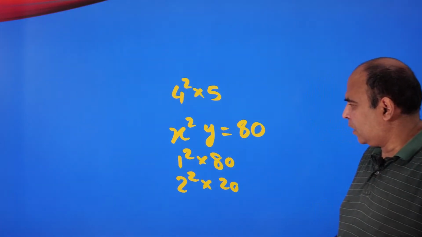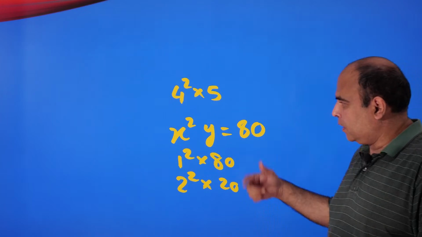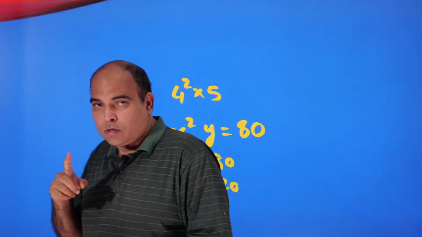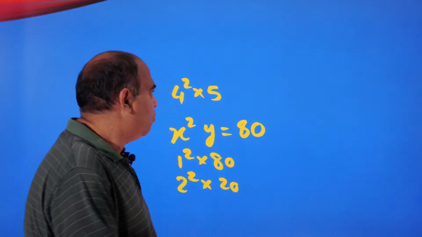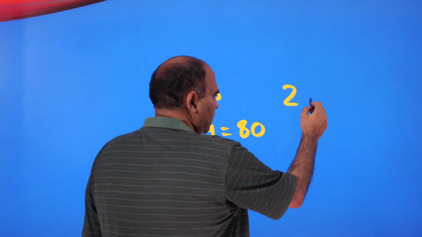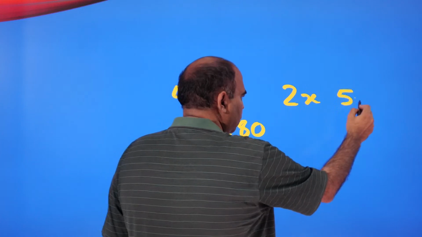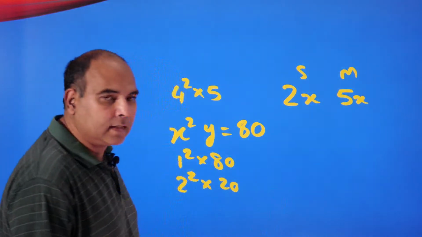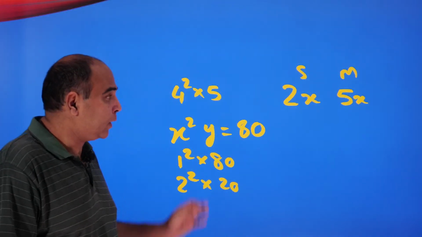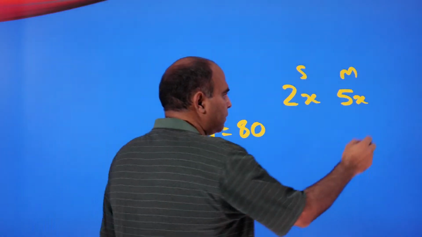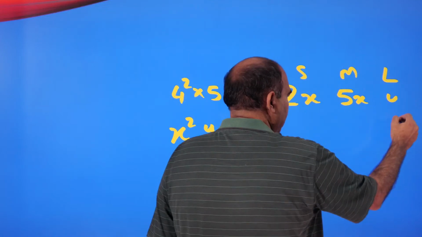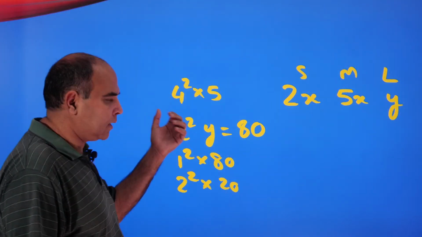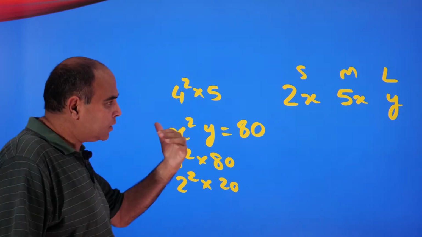And when I look at this again, before I move on, I have to look at the analysis of the situation. The situation, please remember, was that the price of the small and medium size cups was 2x and 5x, and the price of the third large size cup was y. So if I'm talking about x is 4, for example, I have a ridiculous situation here.